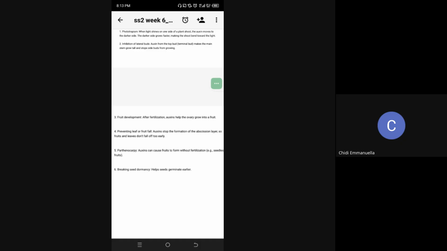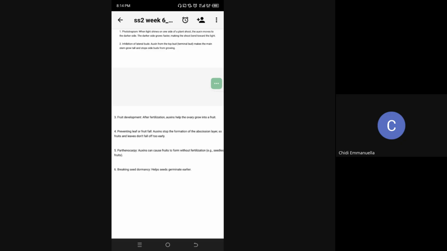Then ovary, OVARY, is the part that forms the fruit. Any fruit that you see is being formed from the ovary. So fruit development after fertilization: auxins help the ovary grow into a fruit.